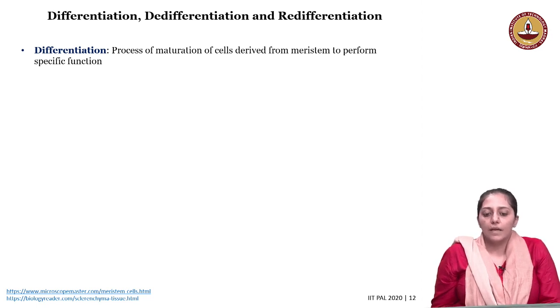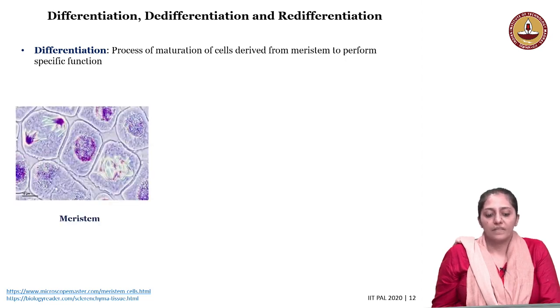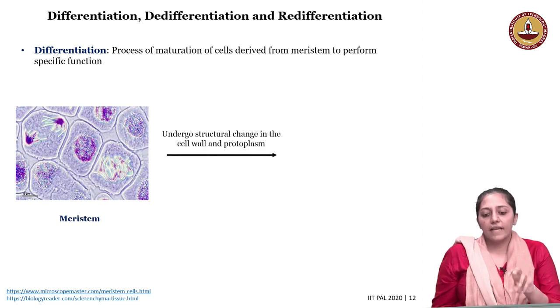Differentiation, it is a process of maturation of cells which are derived from meristems to perform a specific function. So, meristems we know those are the regions where the cells continue to divide. So, they are actively dividing cells. Now, these cells they then undergo structural changes in the cell wall and their protoplasm.